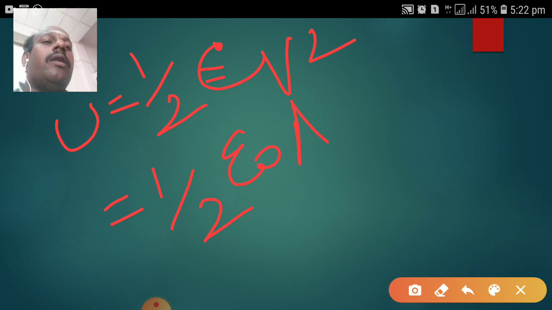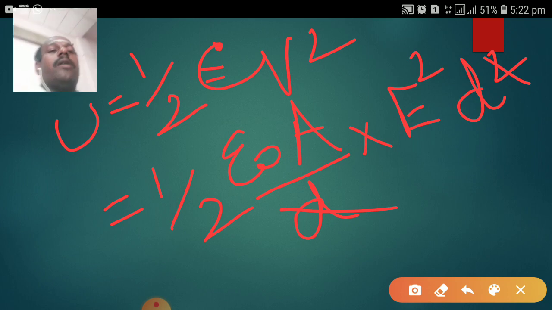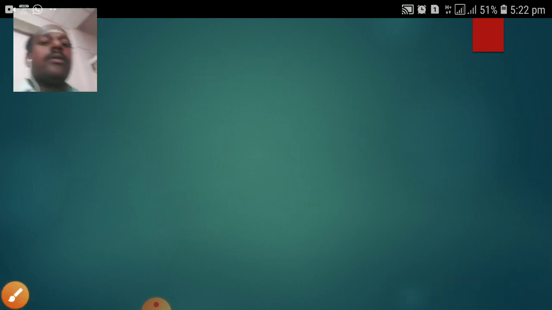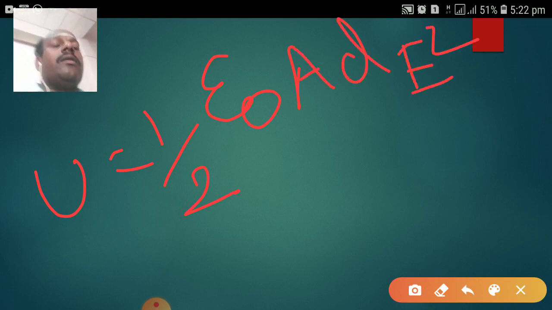Instead of C, epsilon naught A divided by D, and instead of V, E squared into D squared. I can cancel one D. What is the final result? U is equal to 1 by 2 epsilon naught A into D into E squared.